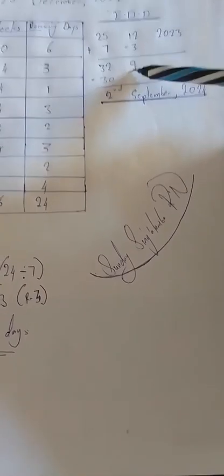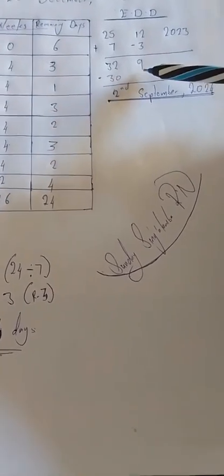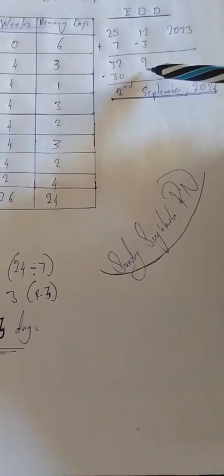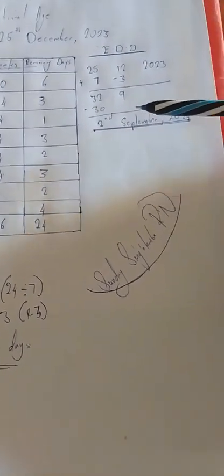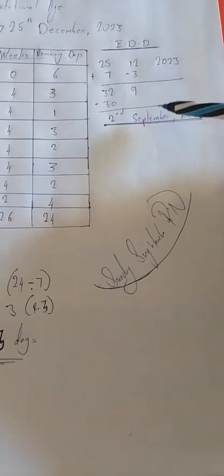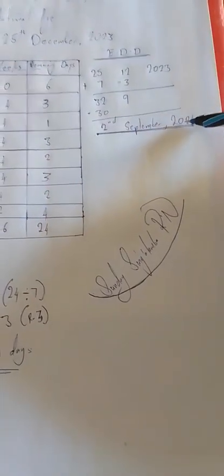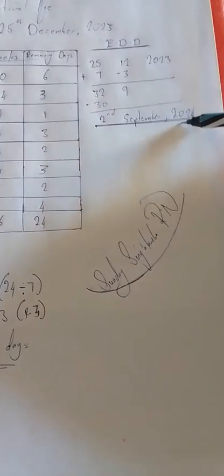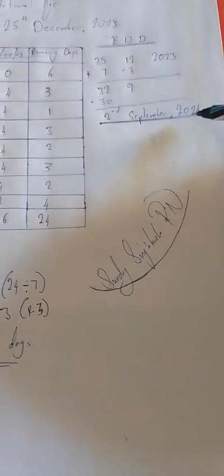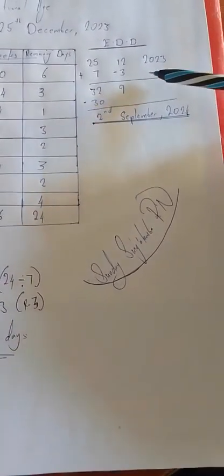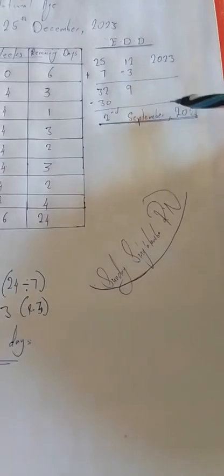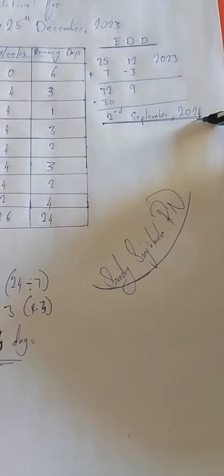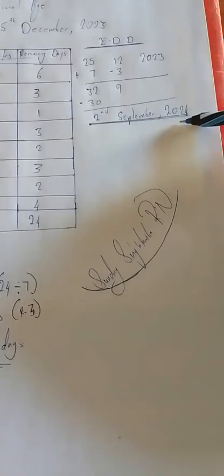Then we bring this month here, since the 9th month is September. Then since we are subtracting, it means that here on year we need to add a 1. So if you add 1 to this year, we're going to find 2024. Yes, so this is how we calculate the EDD.